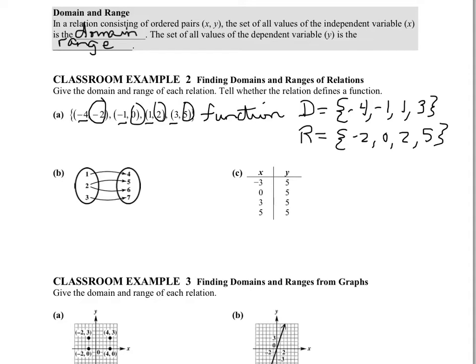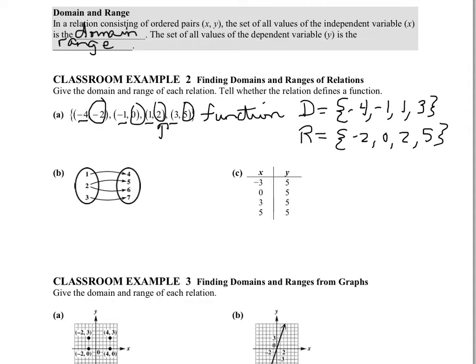The second thing I want to mention is if you ever see a value that's repeated, if in this example this 2 right here had actually been -2, which we had already listed, we wouldn't write it down again because we're listing all the different values that could be in either the domain or range when we're making these lists. So don't repeat numbers, and the order you write them in won't matter.